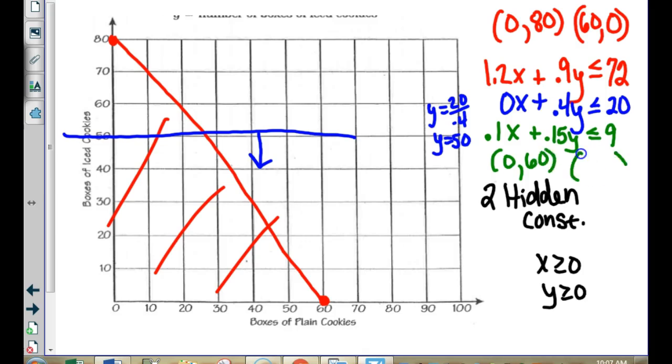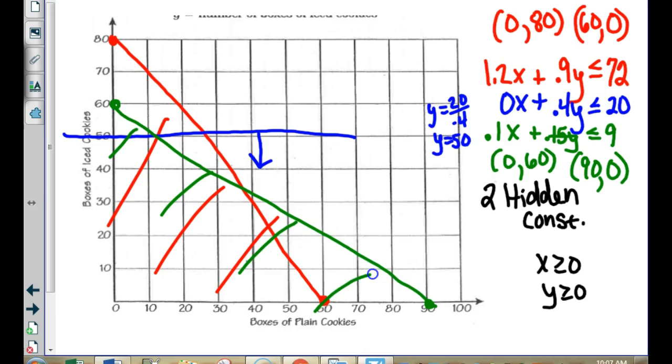And then if we put the 0 in for the y, we would just have 9 divided by 0.1, which would be 90. All right. Over 0 and up 60. Over 90 and up 0 gives us this line. Okay. We have to stay above or below that line? Below? Everybody okay?